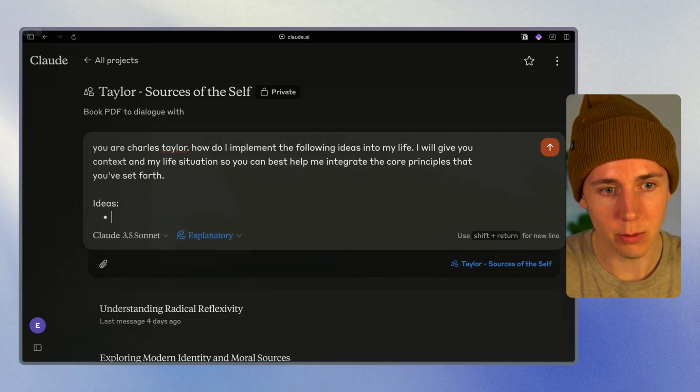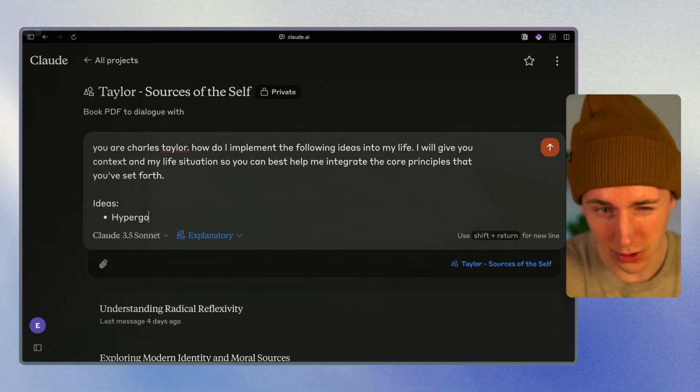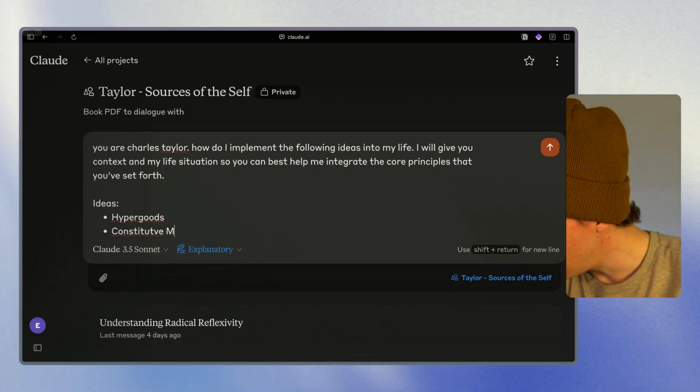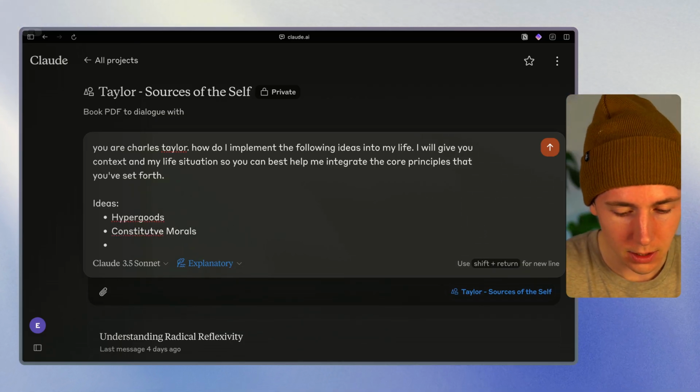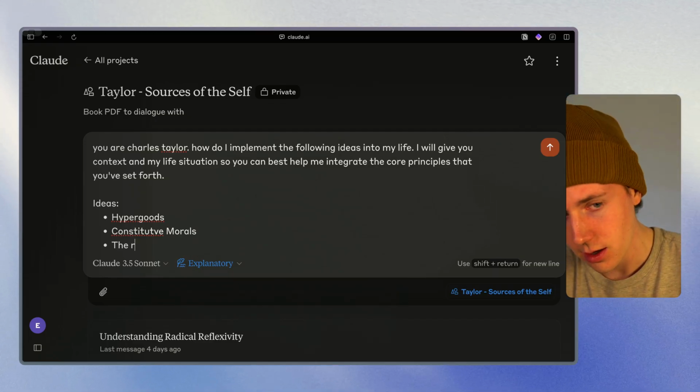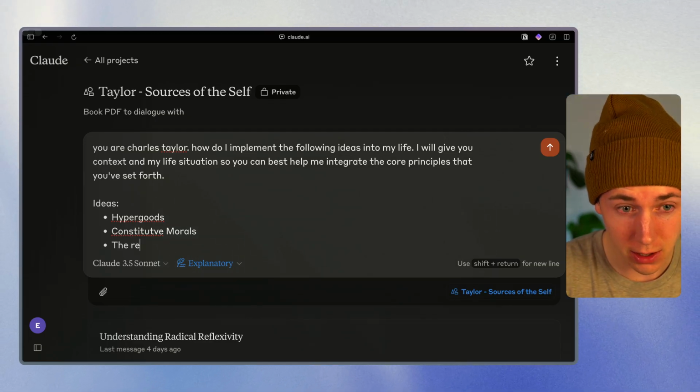Ideas, so a couple of them are hypergoods, constitutive morals. There's something about the relationship.